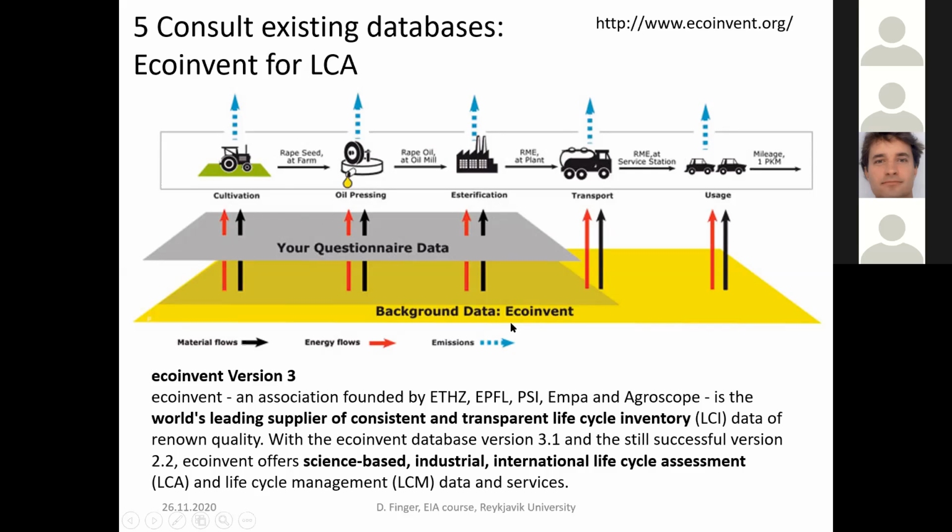The most prominent is probably ecoinvent. There you can select, for example, if your project requires 100 kilometers of pipelines because you want to transport geothermal brine from a wellhead to a geothermal power plant, then you can assess what material your pipelines are made of, and you can go to this ecoinvent database and extract the environmental impacts needed to produce the steel or the raw material for your pipeline.